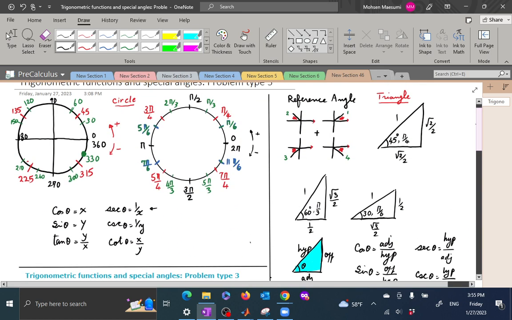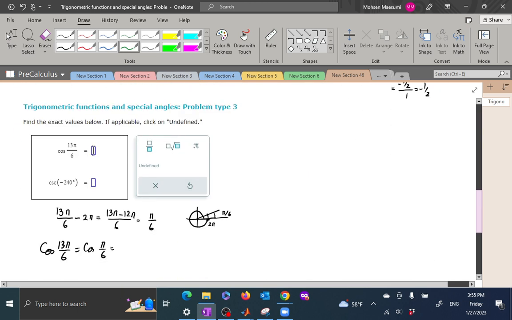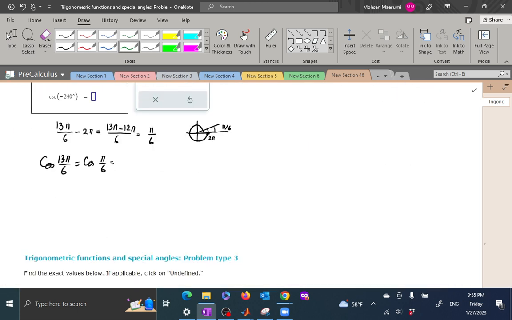On your circle, probably you have a picture like this. So at pi over 6 you have radical 3 over 2 and 1/2. It's x and y, and this is your x value, so that's radical 3 over 2. Okay, so that's how we answer that question.